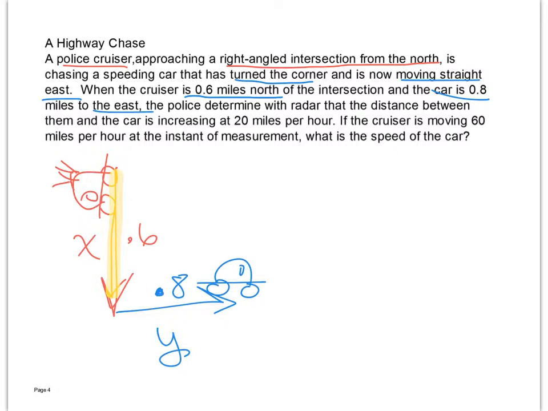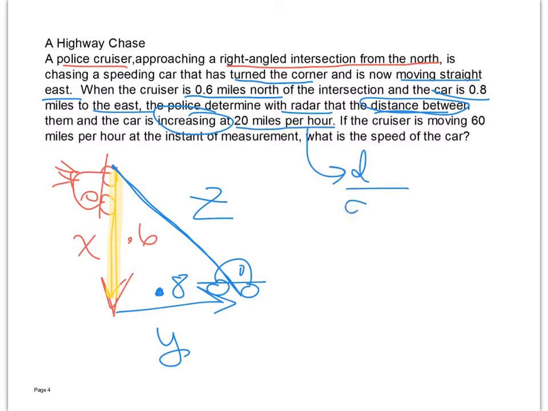The police determine with radar that the distance between them and the car is increasing. The distance between them and the car is this. We're going to call that z. It is increasing at 20 miles per hour. That is a rate, a d-something, d-something. The distance between the two cars, where a police car would shoot radar at another car, is a straight line distance between them.